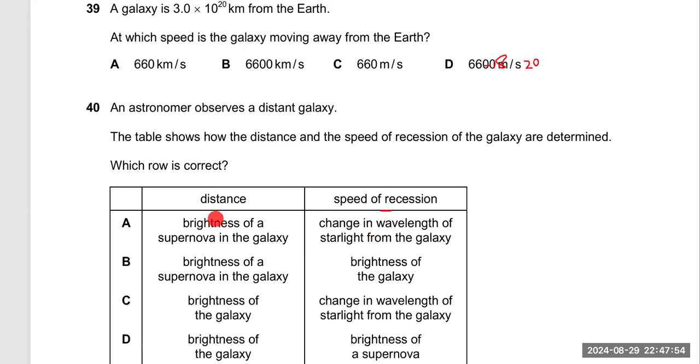On the other hand, if you look at the distance, it depends upon the brightness of a supernova in the galaxy. This brightness shows how much energy is coming out from the star or galaxy in 1 second to the Earth. That is called the luminosity, which is related to the brightness of a supernova.